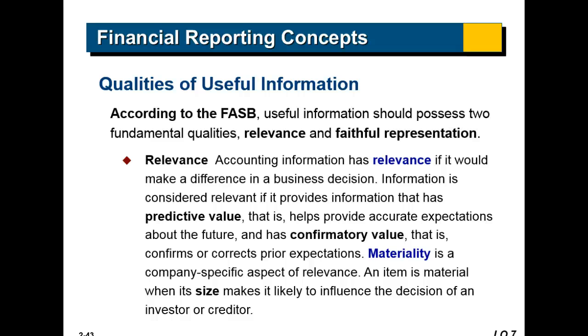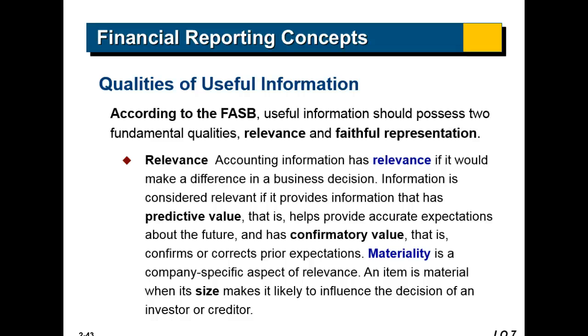One, it needs to be relevant. And two, it needs to have faithful representation. It really needs to be representative of the company we're dealing with. So what is the term relevance? And this is something, guys, like I said, all those ratios and solvency, I'm not going to ask you about any of that, but I want you to understand why this is important, and it will make more sense as we move on.